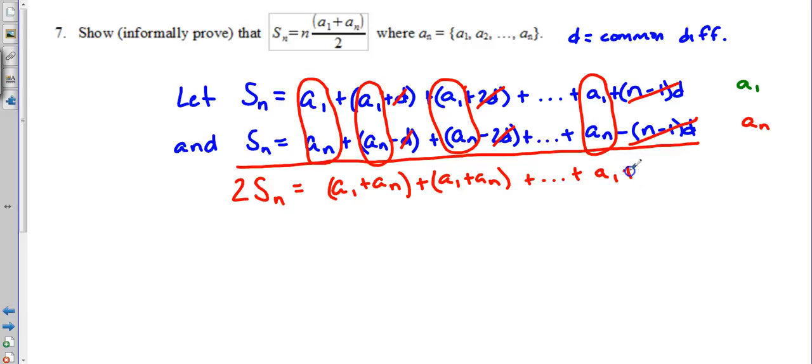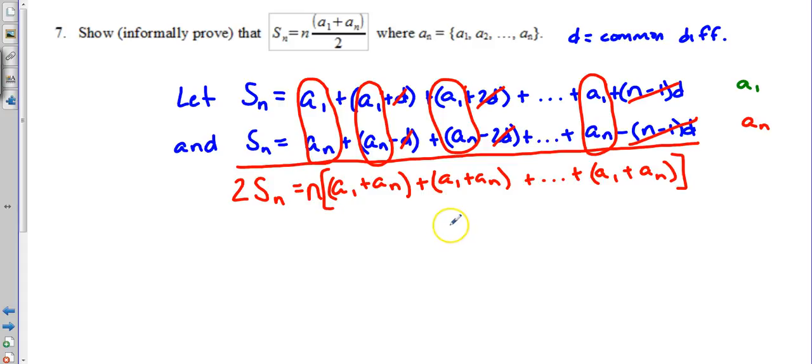Now here's the important part. How many of these are there? How many of these a sub 1 plus a sub n's are there? Well, if we count, here's our first, second, third, dot, dot, dot, all the way down to, we had n minus 1 common differences, but remember we have n of these total sums. Okay, so we've got n of these total sums, a sub 1 plus a sub n.